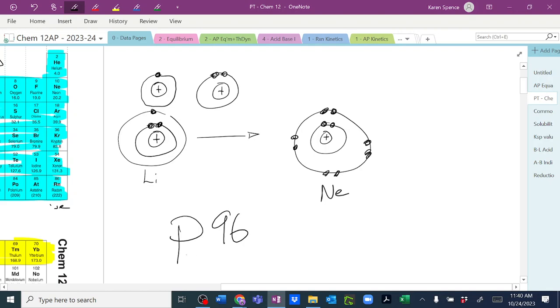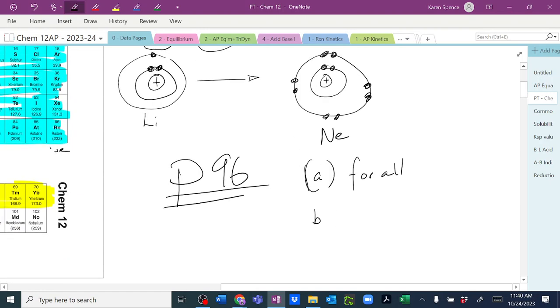But you're not going to do everything. You are going to do A for all of them. And for part B, you're going to find H plus for the strong acids.